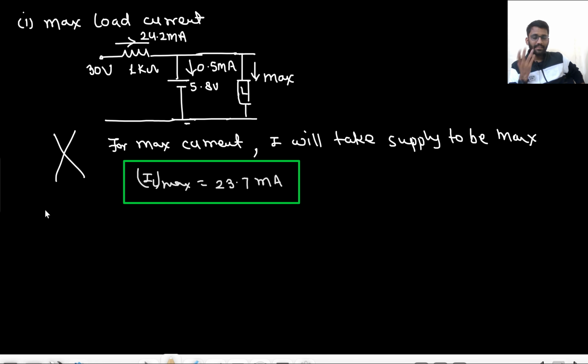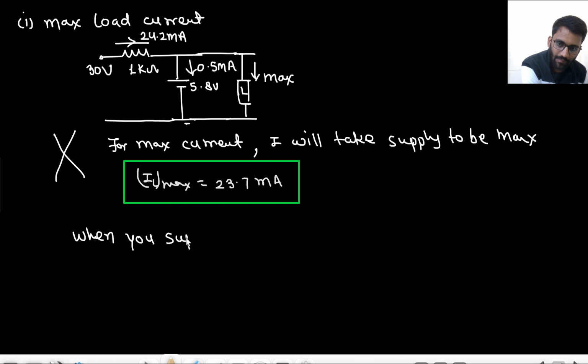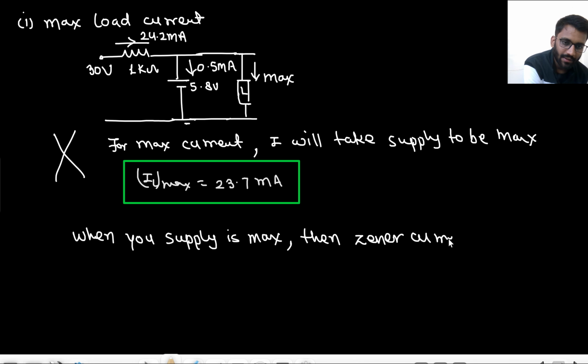Okay, why is it wrong? Because when your supply is maximum, the Zener current will surely be maximum. Then Zener current will certainly be maximum.